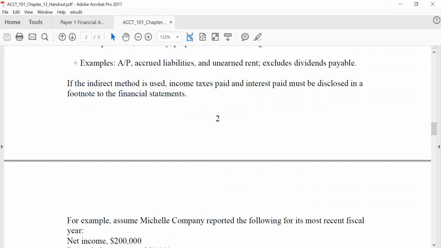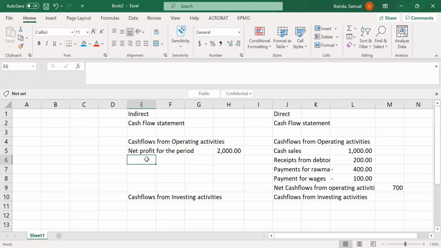So from here, like I said, we'll add back, let's say, items like depreciation. And the reason why we add back depreciation is because in deriving this profit, depreciation was one of the things that was deducted, but this is a non-cash item, so it is added back. Let's say maybe it was 500, okay?